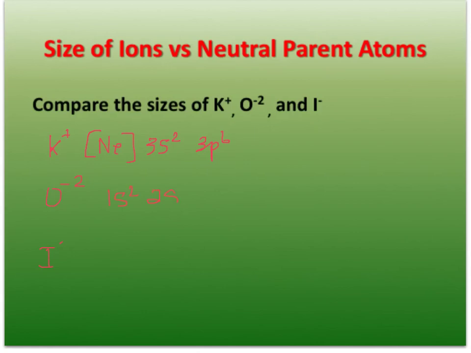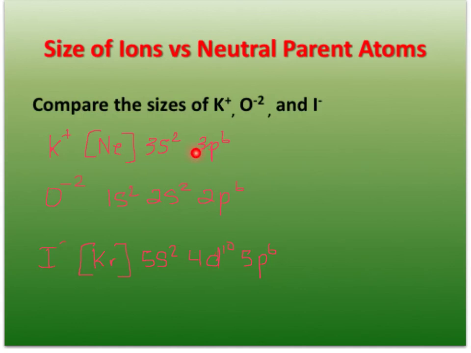Oxide is 1s2, 2s2, 2p6, because it gained 2 electrons. And iodine would have gained 1 electron, so it's going to be 5s2, 4d10, 5p6.